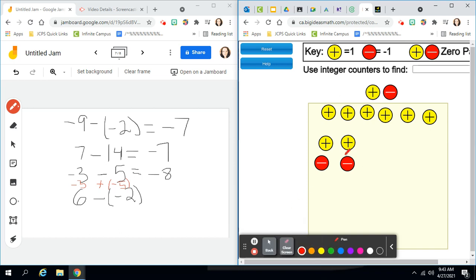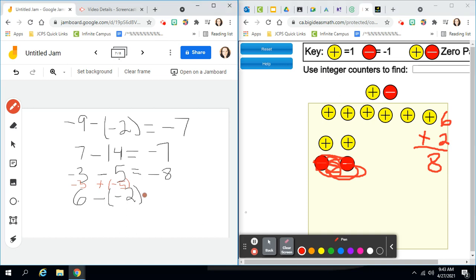So let's do that. I'm still starting with the value of +6, but I actually can take away 2 negatives. So these go away. And now I'm left with the problem of positive 6 plus positive 2, and we know that that is going to give me positive 8.